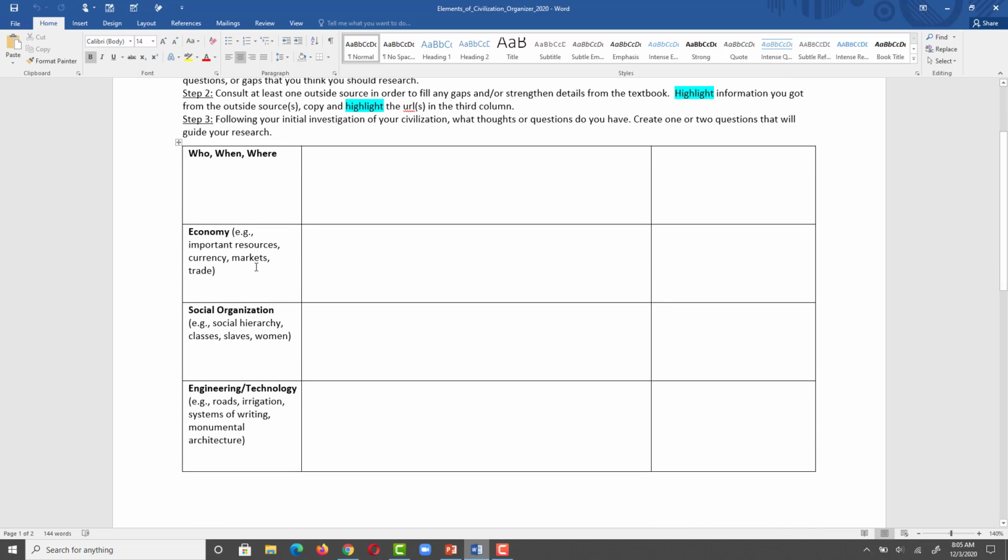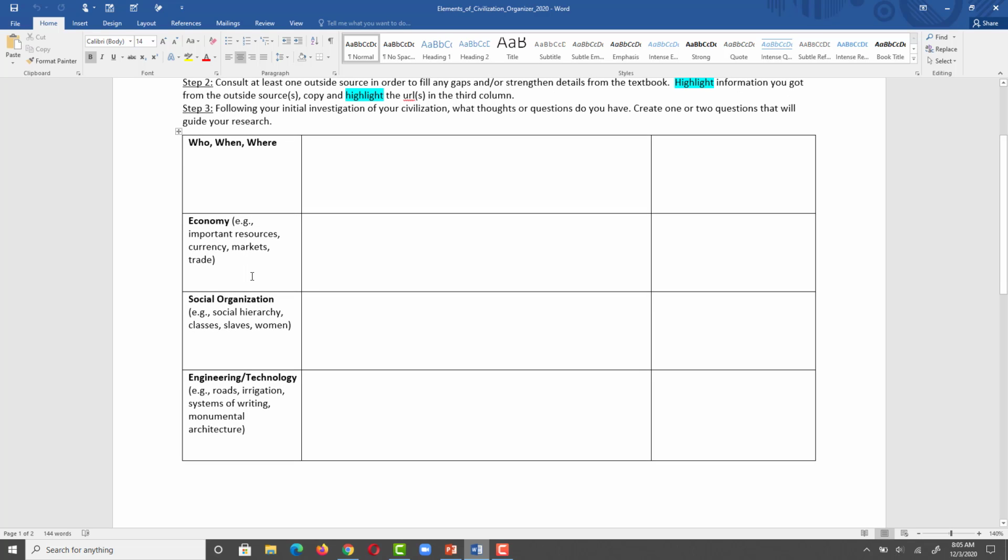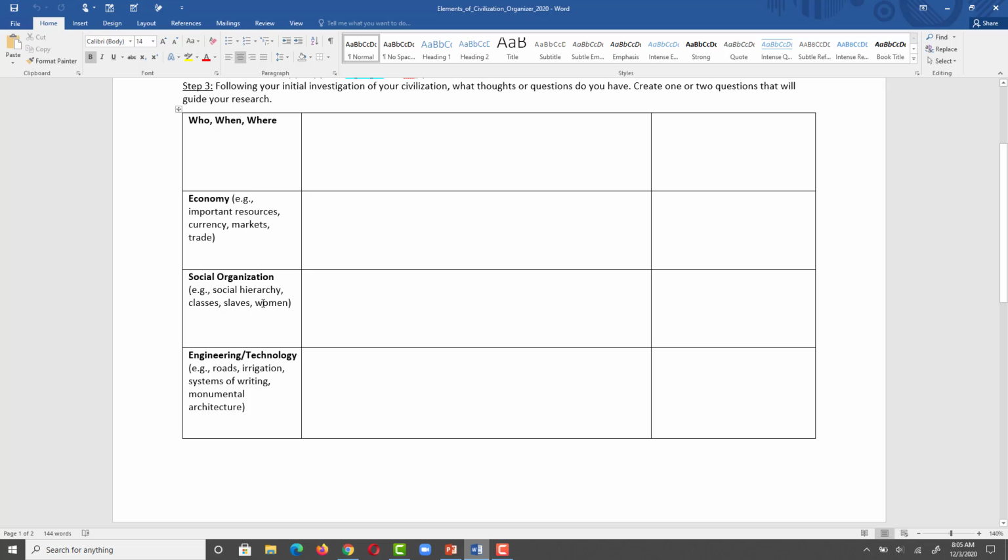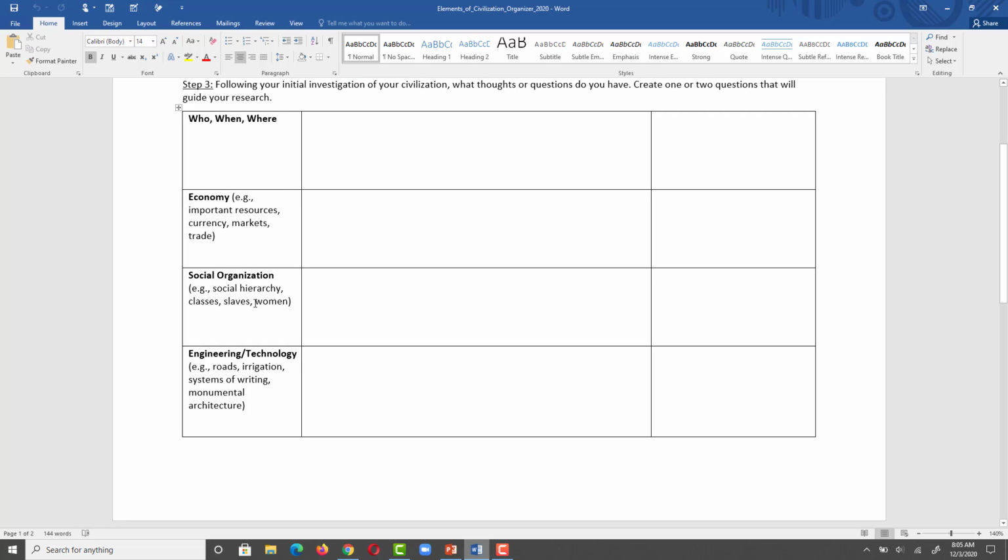Economy. Where are they making their bucks? How do they trade? What is the foundation of their economies? Are they growing corn? What are they doing? Social organization. As we discovered, as you get complex societies and specialized vocations, you get cool things like awesome monuments and architecture.